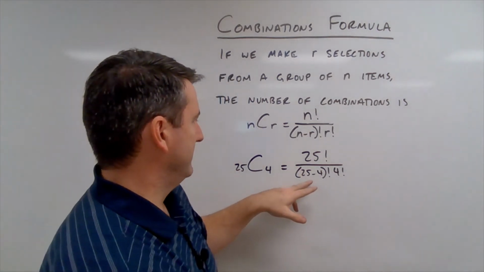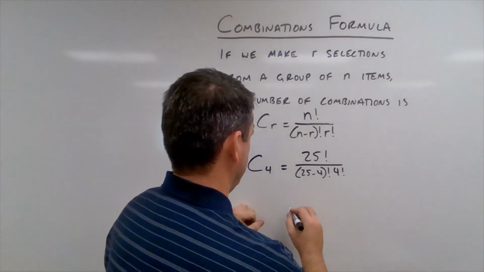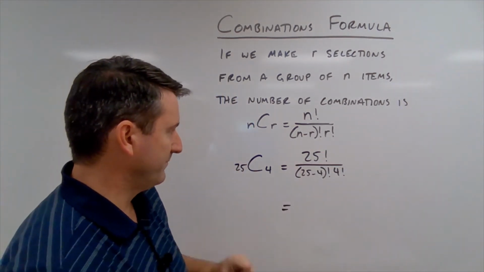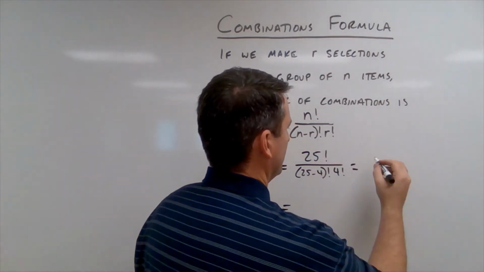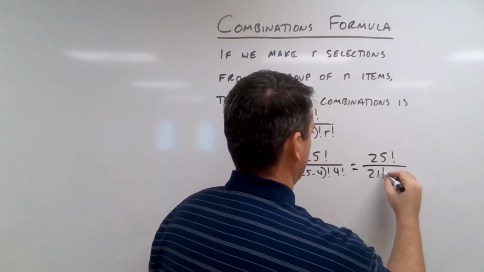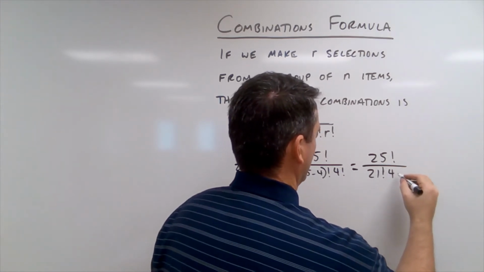And so if we plug this into our calculator, 25 factorial, now, by the way, notice that this is 25 factorial divided by 21 factorial and 4 times 4 factorial.